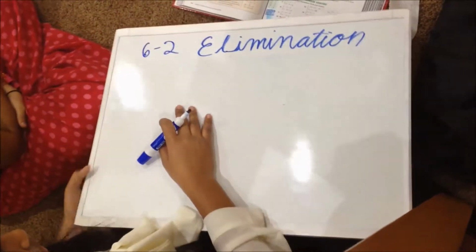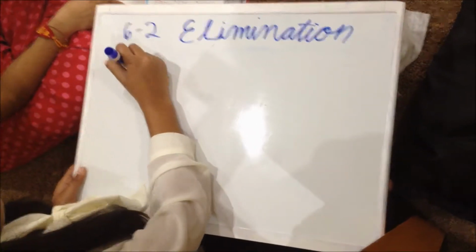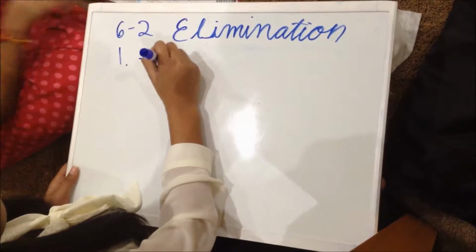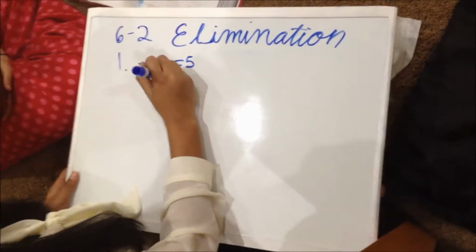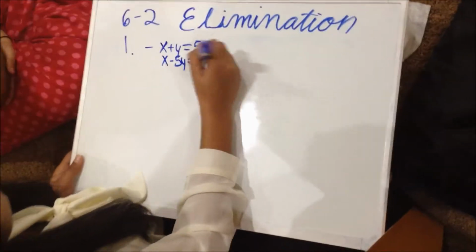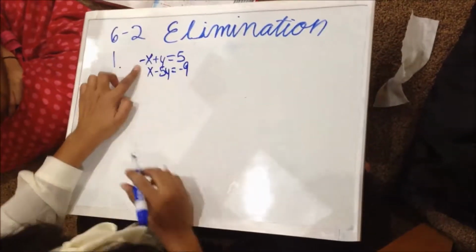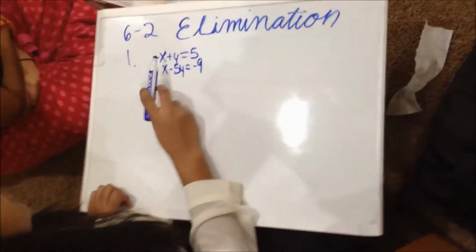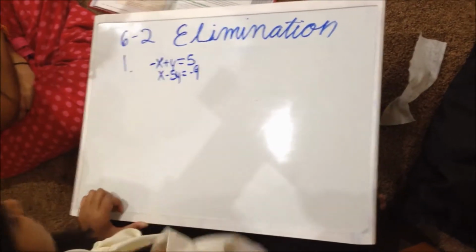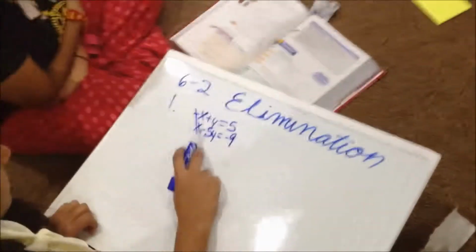So for an example for elimination, we'll be doing number 1. Number 1 is negative x plus y equals 5, and x minus 5y equals negative 9. So that's your problem. Since this is a negative x and this is a positive x, you could just cancel that out, so you wouldn't have to write anything, and then plus y. I'm adding these two equations together?